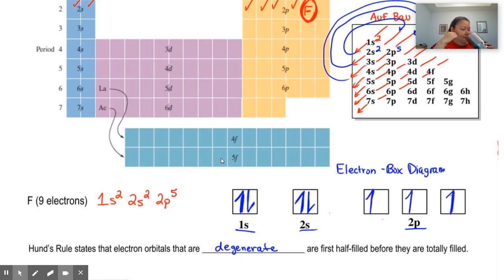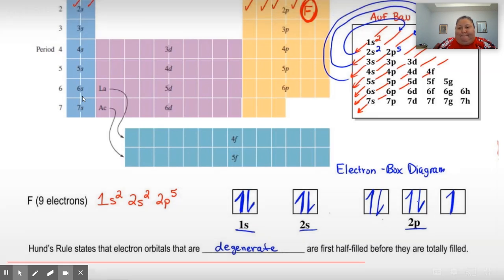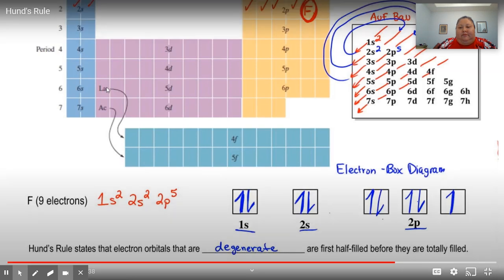And you do this because they all have the same energy. Then you loop back around. Down, down. That's how you would fill out the 2p. So just remember that. When you're dealing with degenerate orbitals, they have the same number, they have the same letter, therefore they have the same energy. You half fill them first before you totally fill them in. Come back around and start filling them down, pointing down. 1s and 2s are not degenerate. They may have the same letter, but they definitely don't have the same number. One is 1 and one is 2. Because they have different numbers, they have different energies.